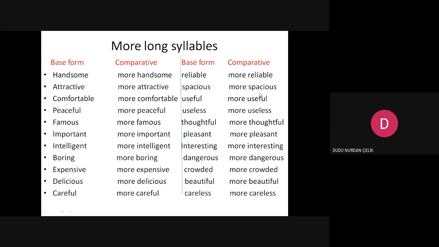Oh, very big and nice room, spacious. I feel comfortable. Useful, we say more useful, more useless, more thoughtful, more pleasant, more interesting, more dangerous, more crowded, more beautiful, and more careless. Careful is positive meaning and careless is negative meaning. Useful is positive meaning, useless is the negative meaning.